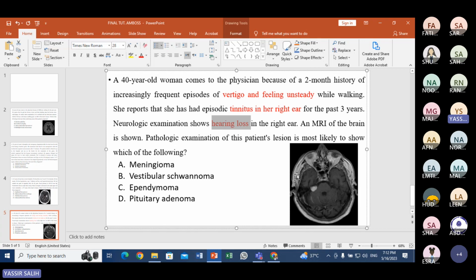And the spine, what do you see? What lesion do you see? Where is the lesion, right or left? Compare between the two sides.